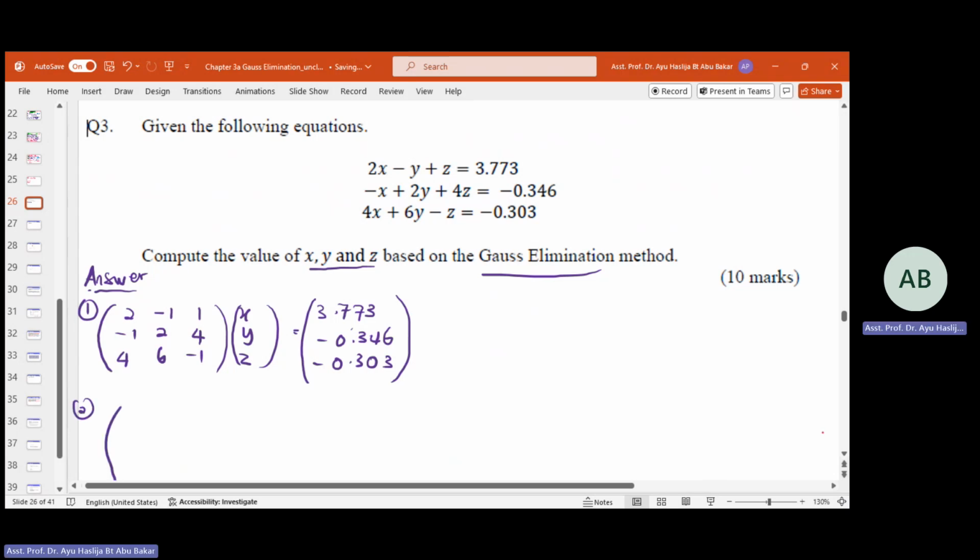Then make it into augmented matrix, or you can just straight away do it in augmented matrix.